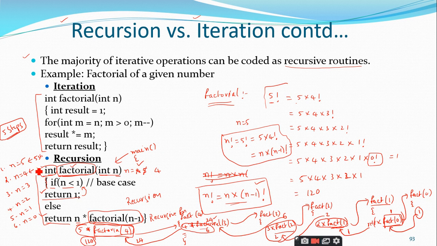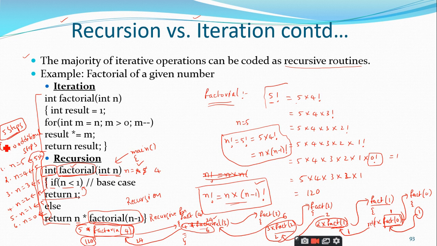Similarly, when n is equal to 4 is called, it has 5 more steps. N is equal to 3, another 5 more steps. N is equal to 2, another 5 more. Like that, it has been called 6 times. Therefore, 6 overheads are involved. That means 6 into 5, 30 additional steps are involved.